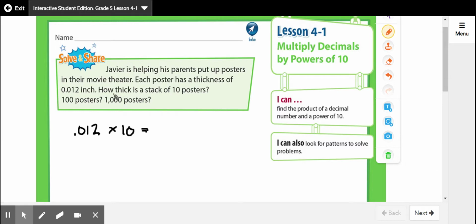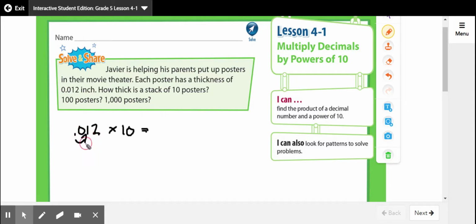First of all, I'm trying to remember what we did last time. We times it by 10, so I know this number is going to get bigger. Last time we moved the decimal to the right, so I'm going to do that again. And how many places do we move it to the right? Well, I have 1 zero in 10, so I'm just going to move it one place to the right.